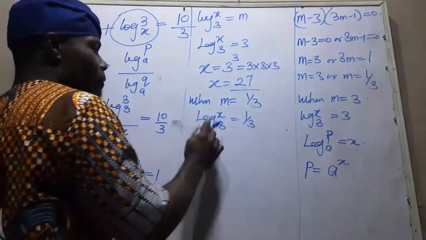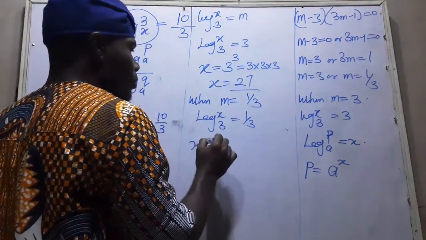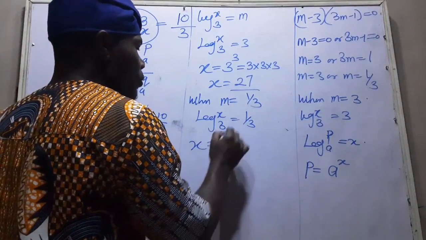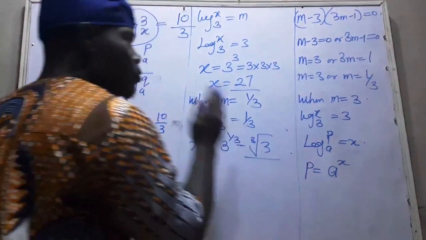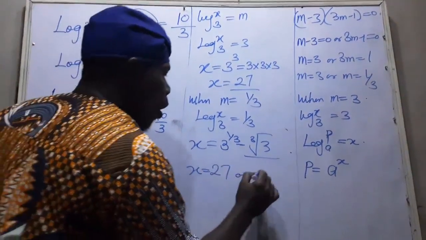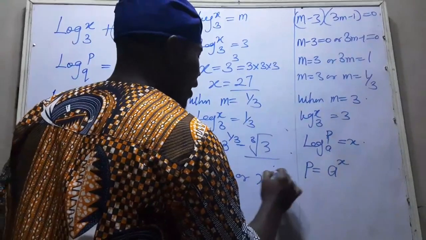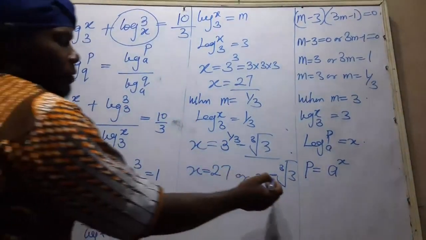So therefore, from applying this rule, x is equal to 3 raised to power 1 over 3, which is the cube root of 3. So the two values of x are 27 or the cube root of 3.